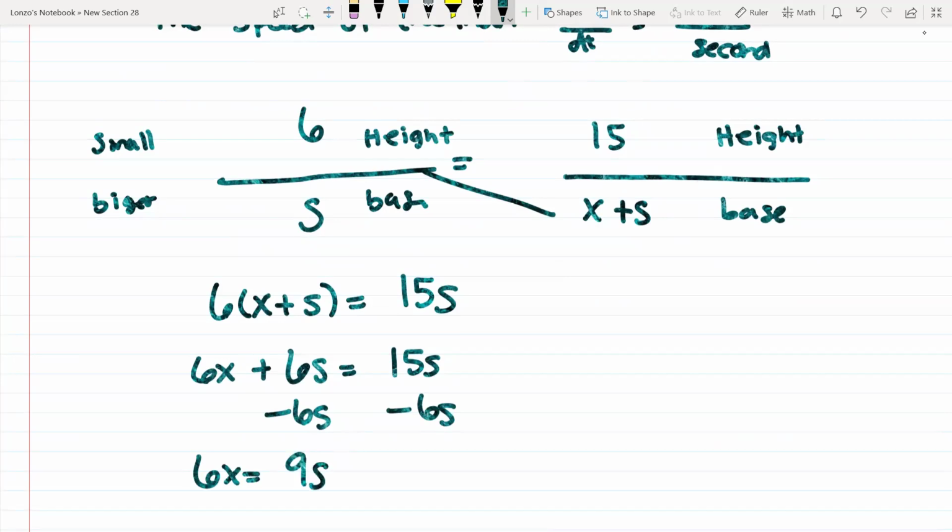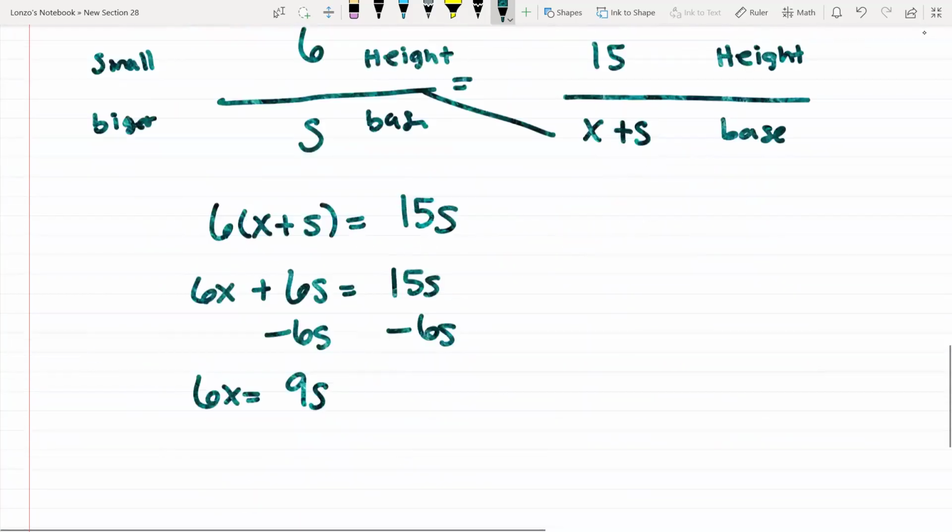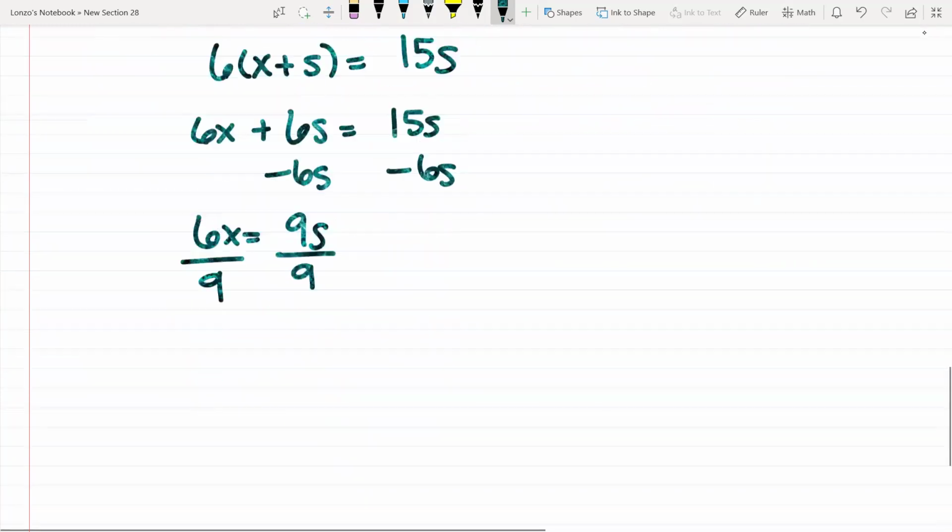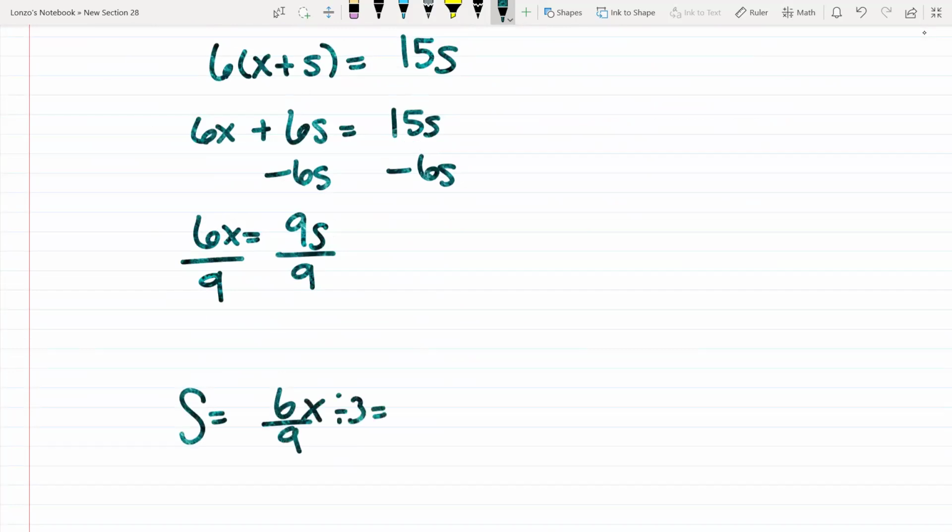Maybe we should find the length of the shadow, so I solve for s. I divide both sides by 9, so you get s equals 6 over 9 x. This can be reduced by 3, so 6 divided by 3 is 2x, and 9 divided by 3 is 3. So the shadow length is 2x over 3.